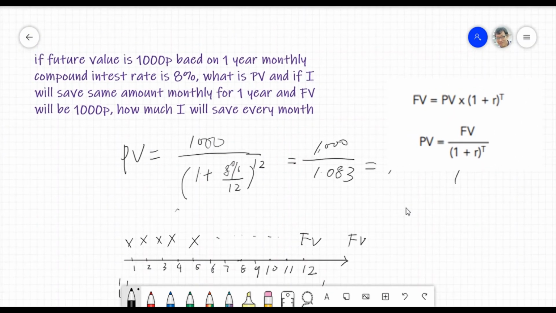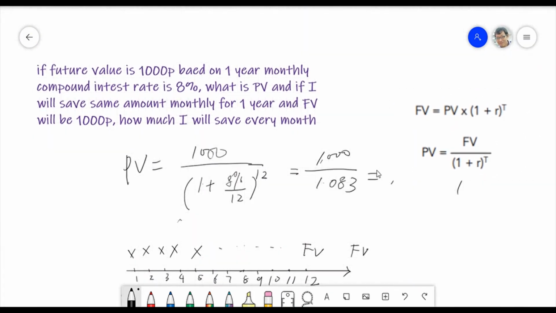Let's see the second question. If I will save the same amount monthly for 1 year and the future value is still 1,000 pesos, how much will I save every month? It's like you buy a house, a condo or something, right?